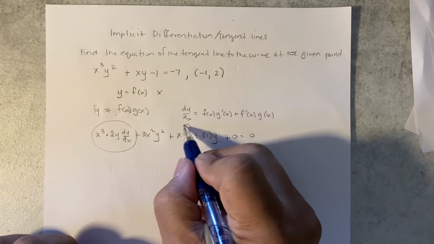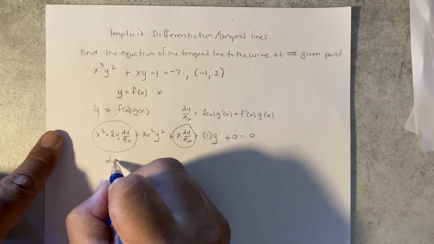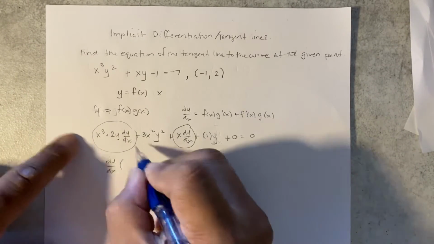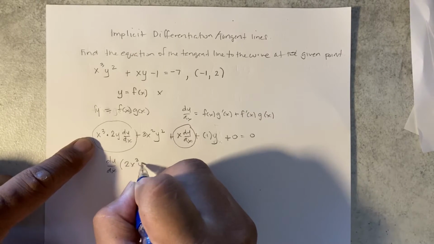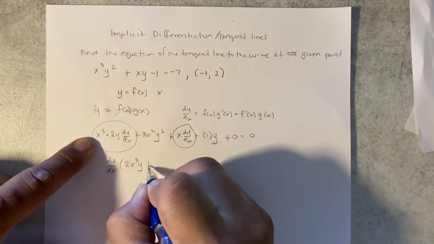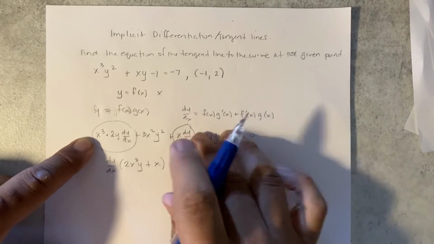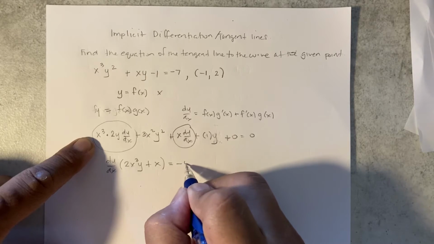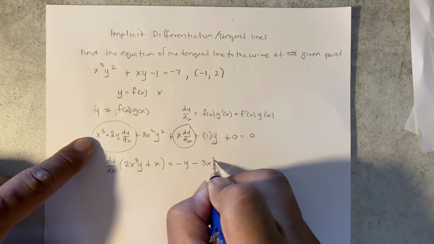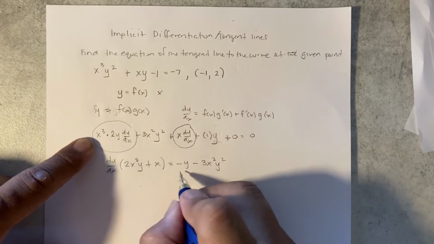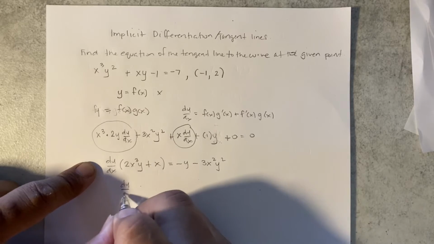Okay? So I'm gonna combine the dy dx's. So dy dx, this is 2x cubed y plus x, equals, I'm gonna bring this on this side, subtract y to this side, minus 3x squared y squared, and then I'm gonna divide to get the dy dx.